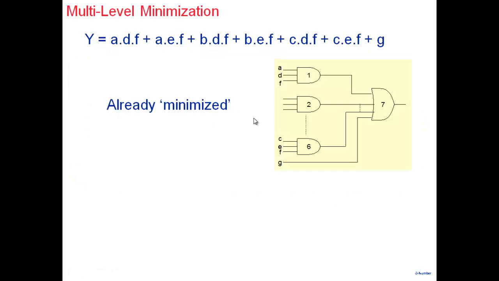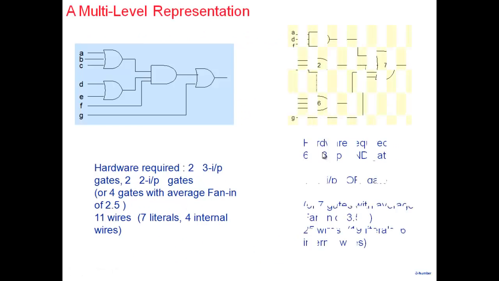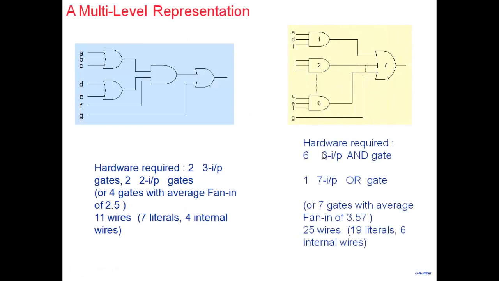The next problem, which we'll not go into: let's say you've obtained the minimal two-level Boolean expression. You've already taken a sum of products expression and minimized it. I'll just show you two ways of implementing the same expression.